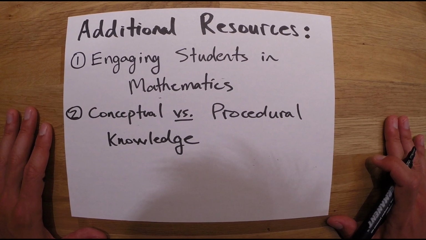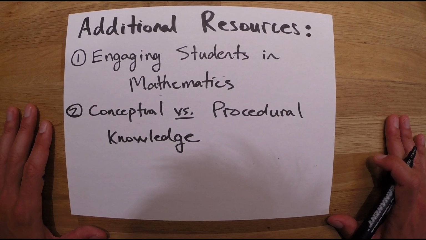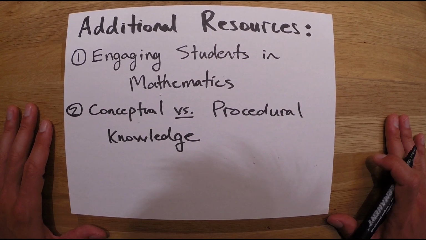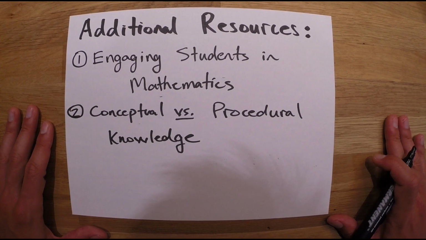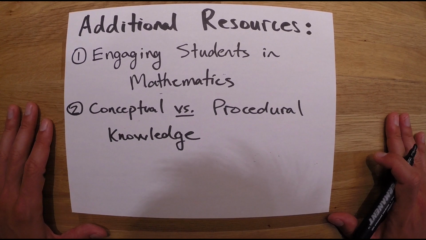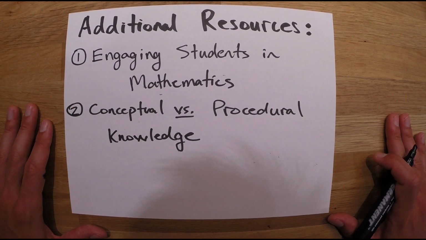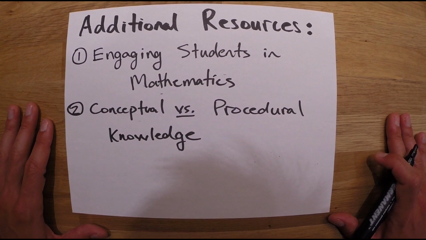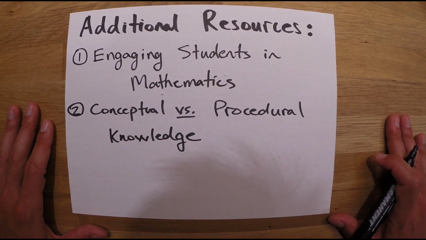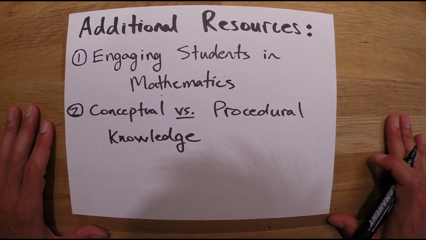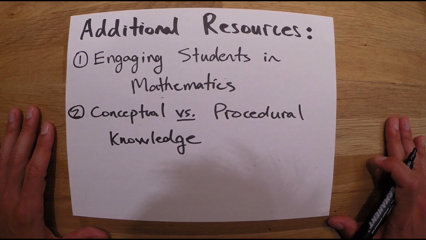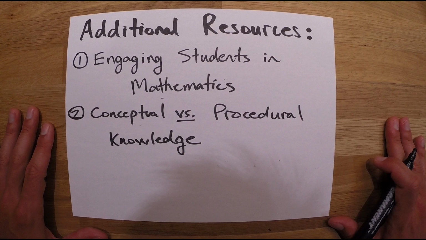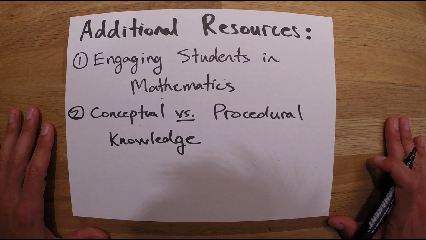And you can get an excellent resource here by clicking the link above, Engaging Students in Mathematics. It has an excellent example of that problem-based learning. The second article there deals with conceptual versus procedural knowledge. Now, procedural knowledge is many times what we're teaching. 1 times 1 is 1 and 2 times 2 is 4. However, what we're trying to strive or drive towards as teachers is to help students have a conceptual understanding of why these procedures are the way they are.